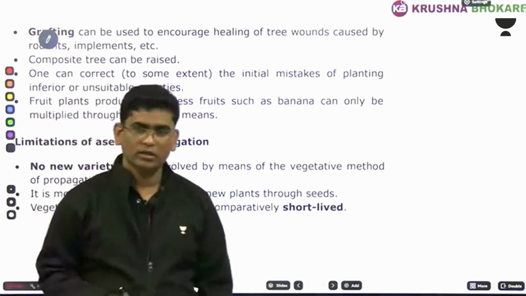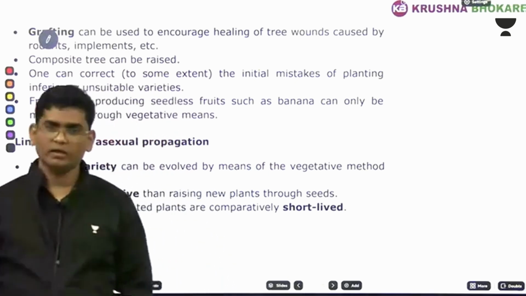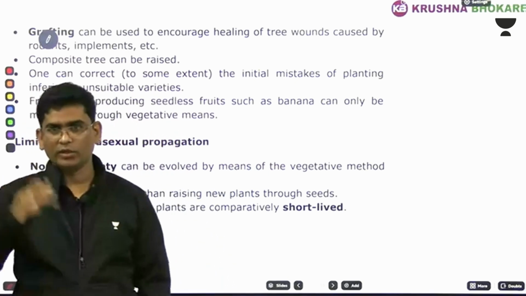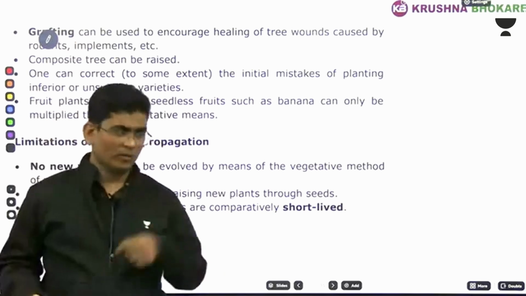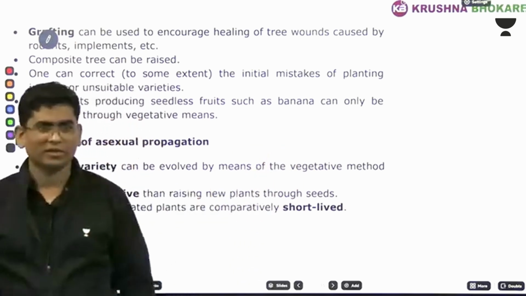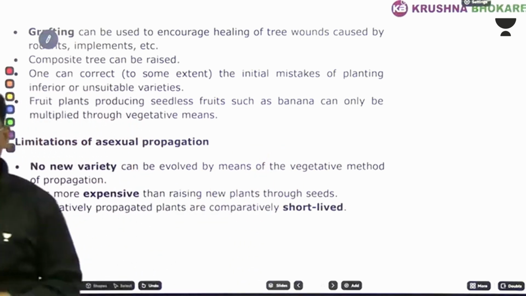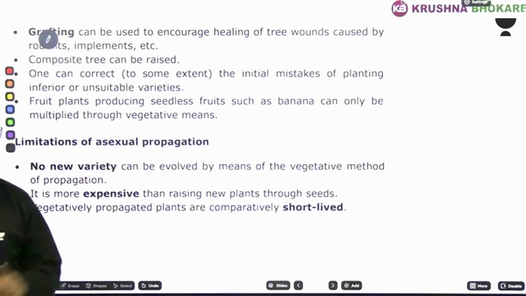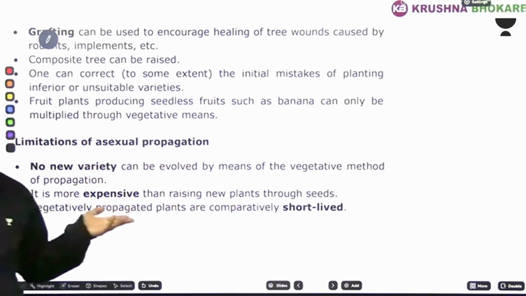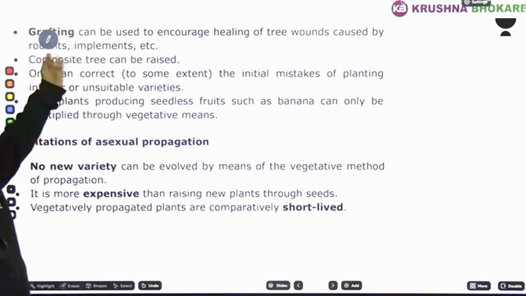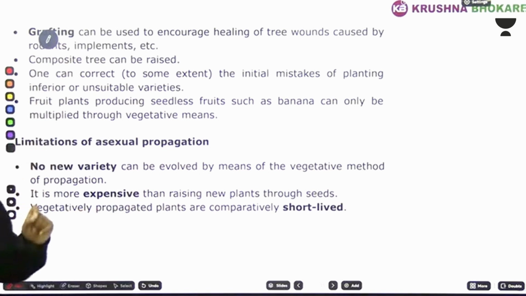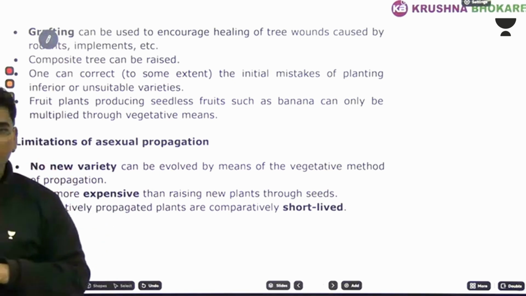So what will he do? He will find another plant, take its branch, do grafting and plastering. Papa, I have done the grafting here today. I have learned a new technique of grafting. Such mistakes can be corrected. Sometimes rodents can damage the tree, and in such a situation you can do grafting and correct that mistake.